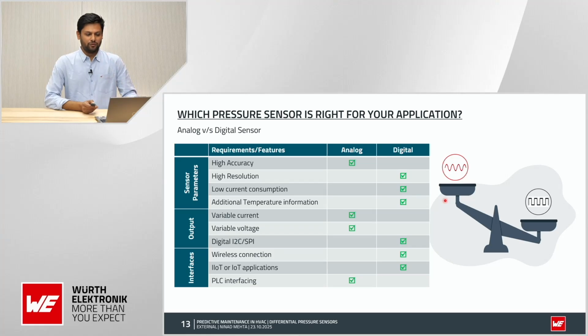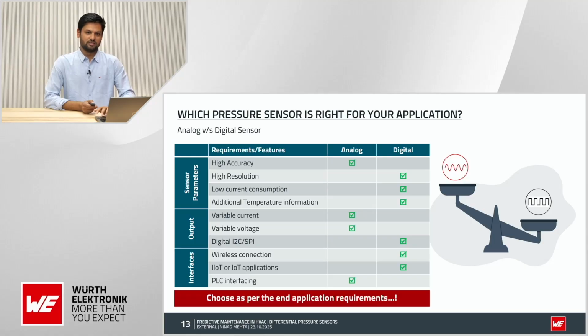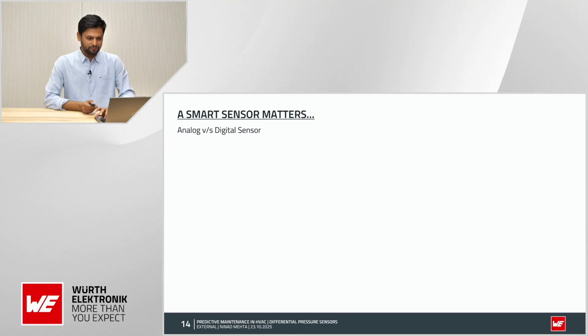If your system requires high resolution and lower power consumption, then a digital sensor makes more sense. So basically, you have to choose the sensor that your end application requires.